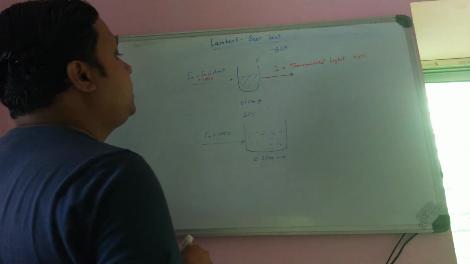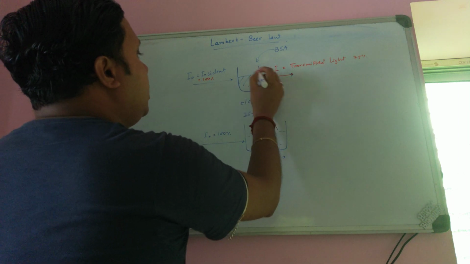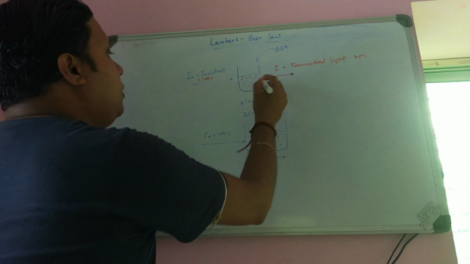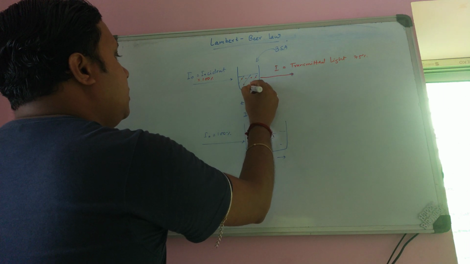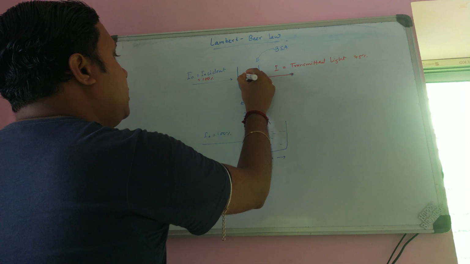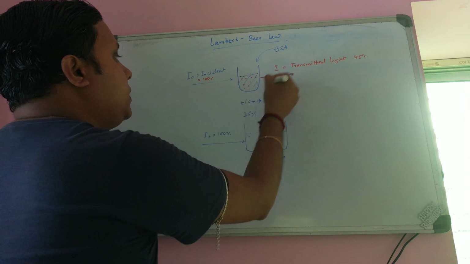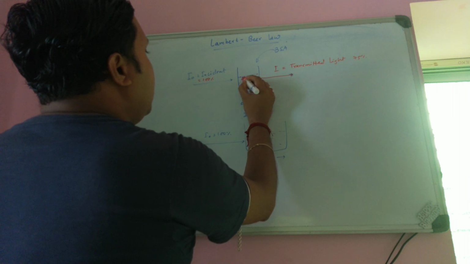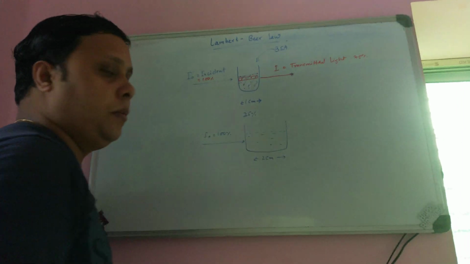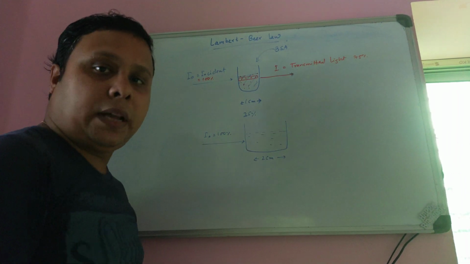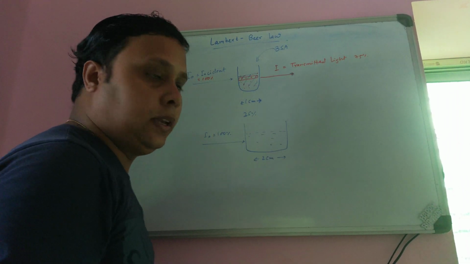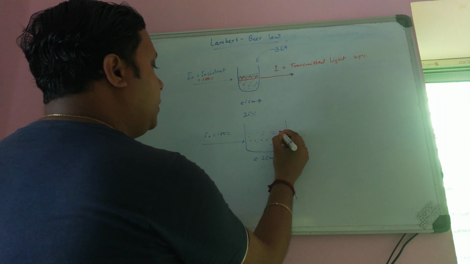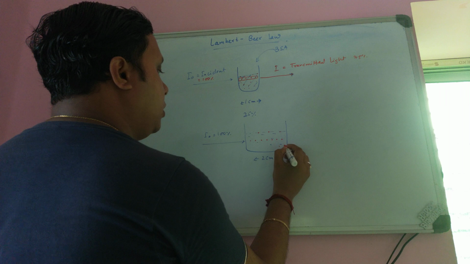For example, in the first case, say in this line the total sample molecules were 4, present here and there. Say these are the sample molecules present on the surface, and there are some sample molecules present at the bottom, but the light is passing through these four sample molecules. But whenever we are increasing the path length, there will be more sample molecules coming from the upper part or from the bottom part, right?